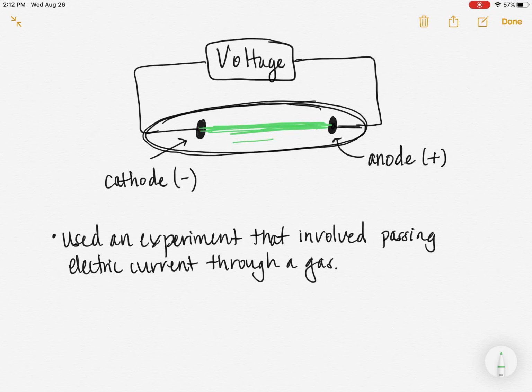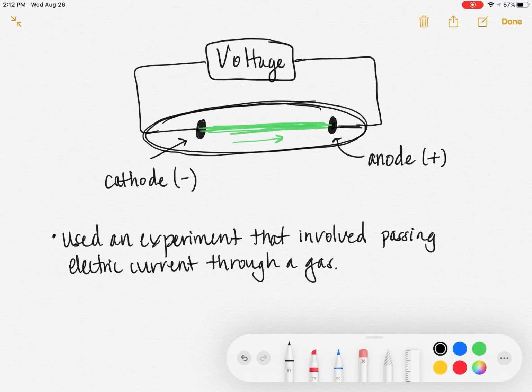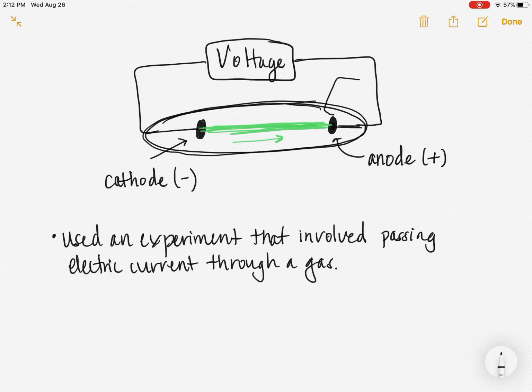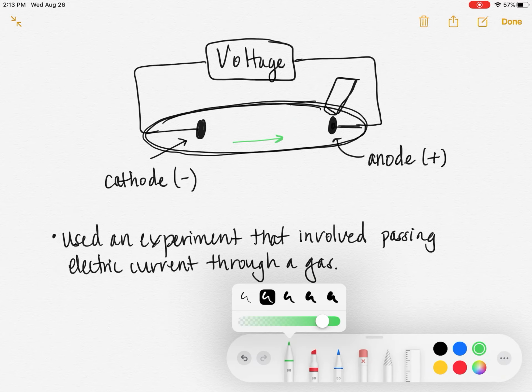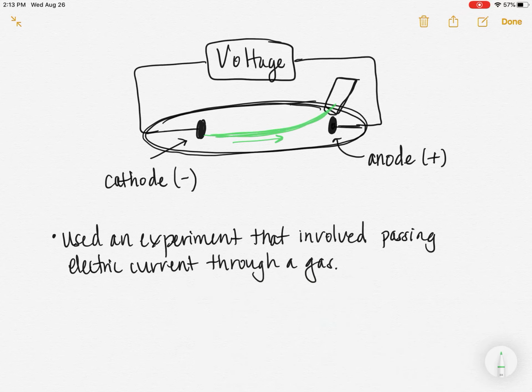It ran from the cathode to the anode, in this direction. And then he took a magnet. This is going to be hard for me to show you on here. He took a magnet to that beam, and he attempted to attract it or deflect it. When he put the magnet one direction up to that beam of light, it attracted, and he was actually able to bend the beam of light.